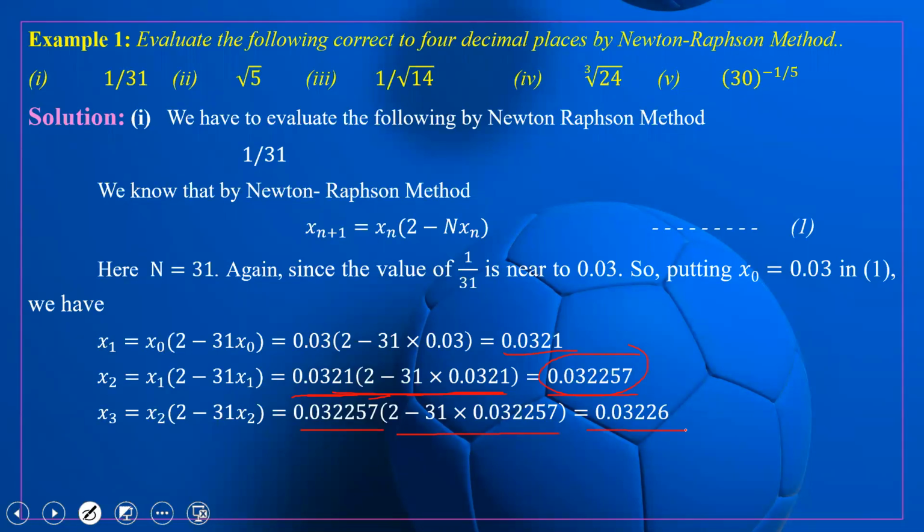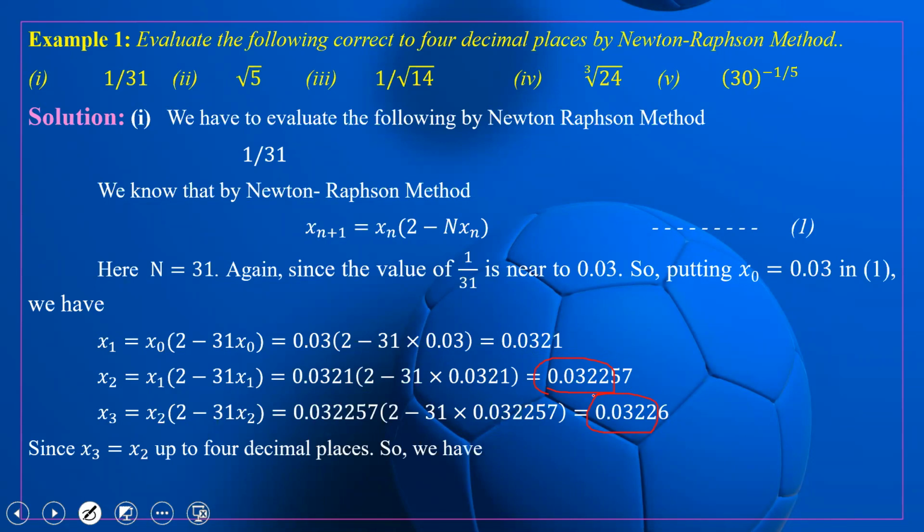Up to 4 decimal places, x2 is 0.0322 and x3 is also 0.0322. Since x2 is equal to x3 up to 4 decimal places, 1 upon 31 is equal to 0.0322.